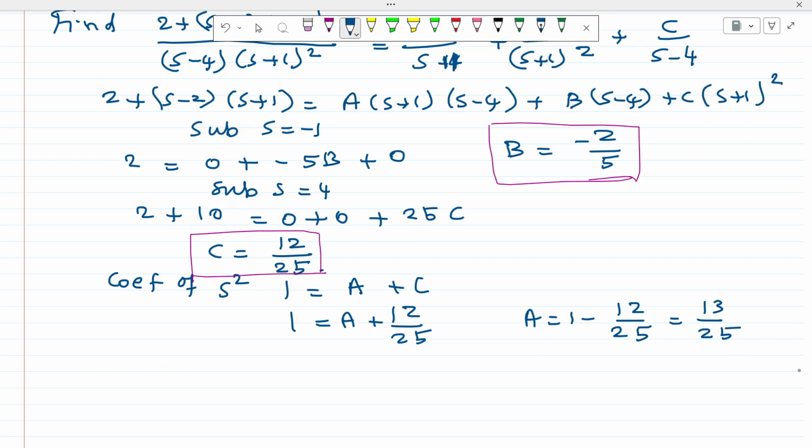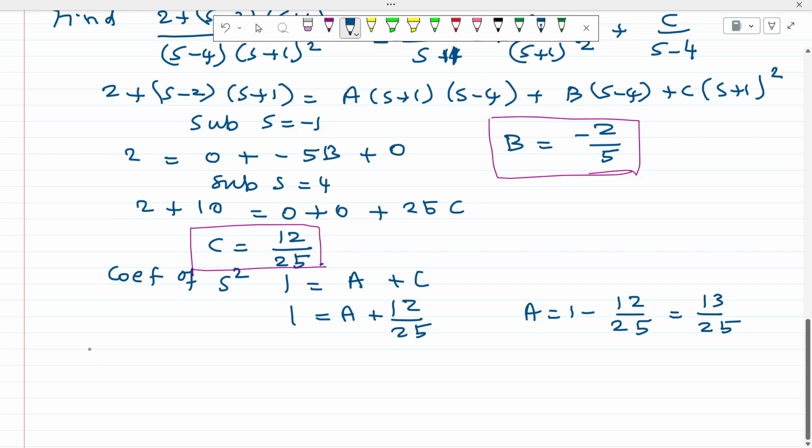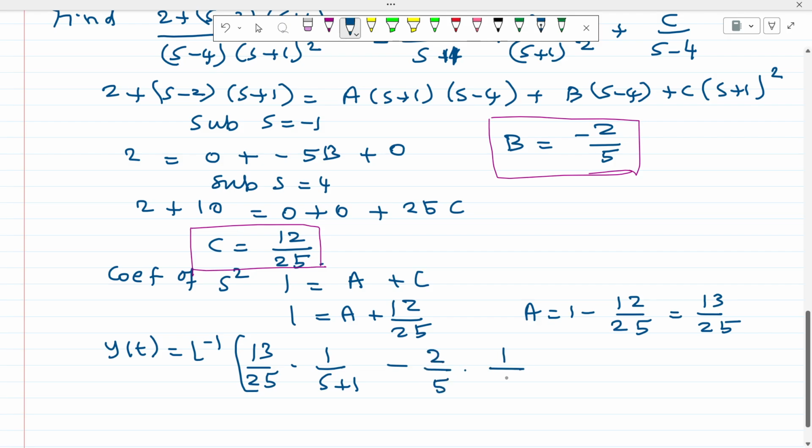Then how can we write this equation? Y of t equal to L inverse of A by s plus 1, that is 13 by 25 into 1 by s plus 1, plus B, B is minus 2 by 5, into 1 by (s plus 1) whole square, plus C. C is what here? 12 by 25 into 1 by s minus 4.